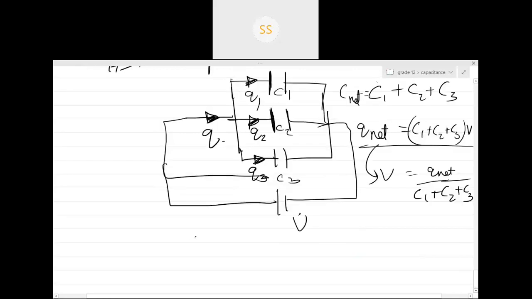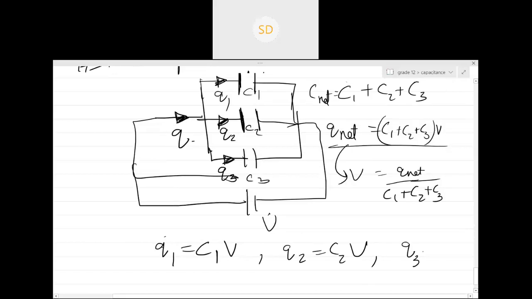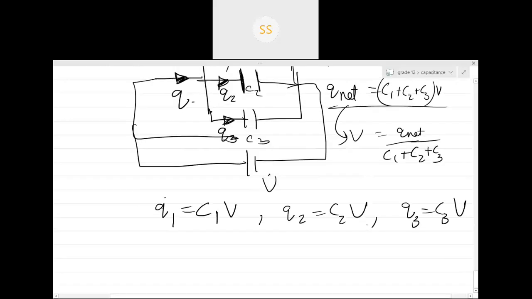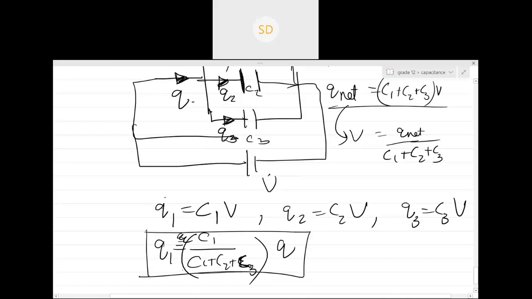After this, what will I do? If I want Q1, it will be equal to C1 multiplied by V, Q2 will be equal to C2 multiplied by V, Q3 will be C3 multiplied by V. From here, can I write Q1 is basically C1 upon C1 plus C2 plus C3 into Q, right?